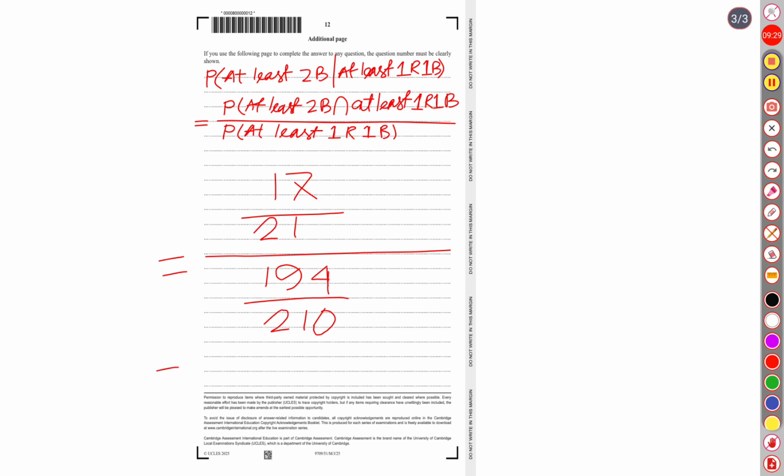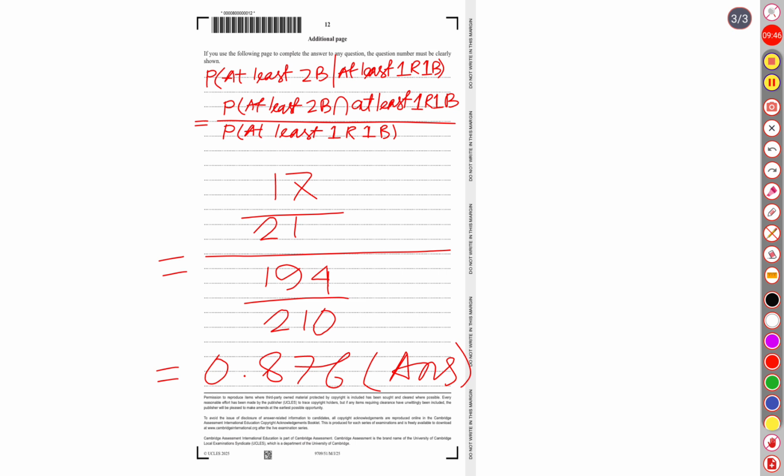Now if we simplify using our calculator, it will show 0.876. So that's the answer to the first question.